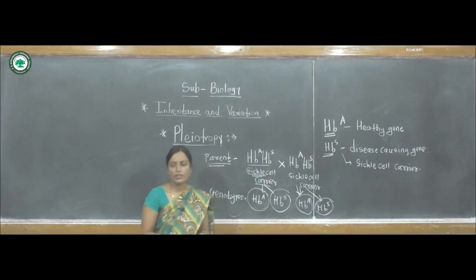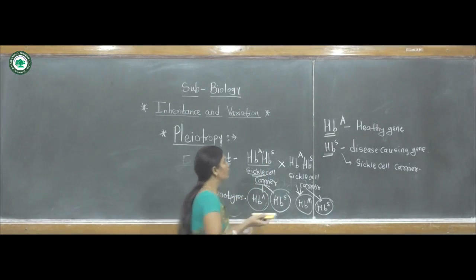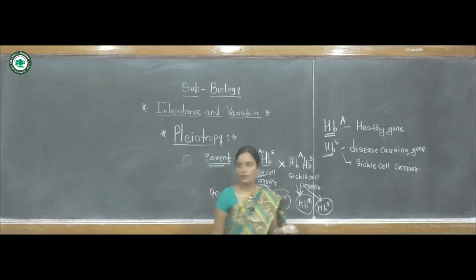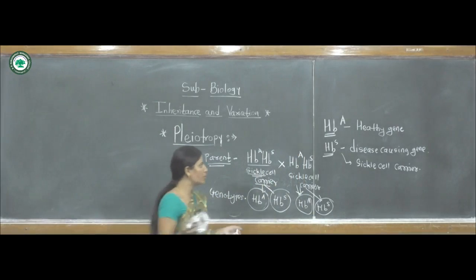Now the F2 generation is counted. The F2 generation is worked out with the help of the checkerboard method.